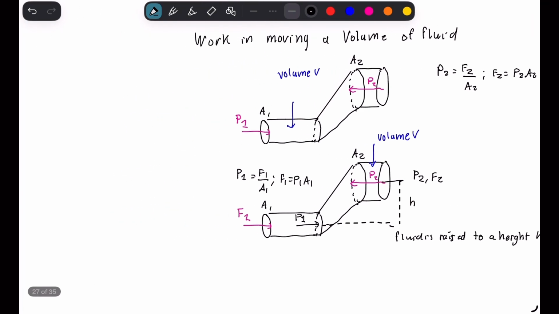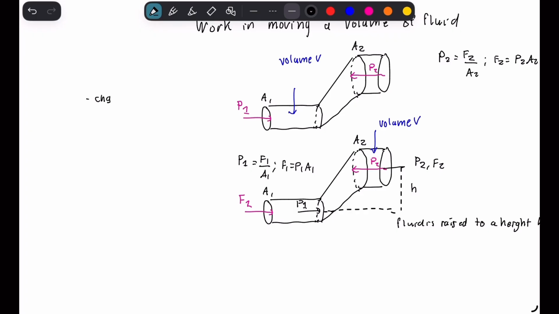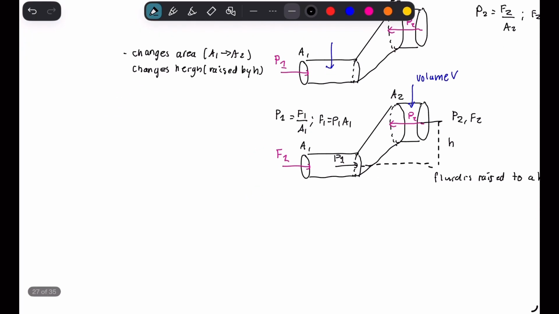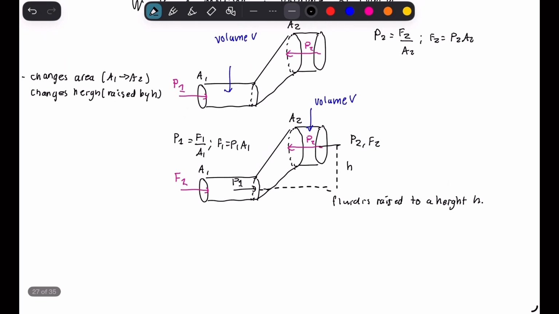So what we have is a chunk of our volume, which is volume V, moves through a pipe. And we have a change in area. We go from A1 to A2. And we have a change in height, which is raised by H. So on the left, we have F1 is equal to P1A1.